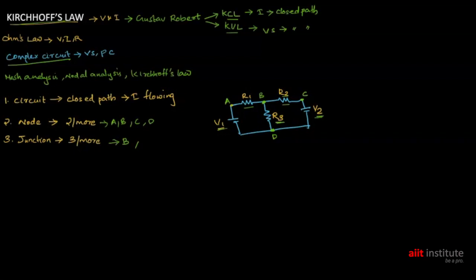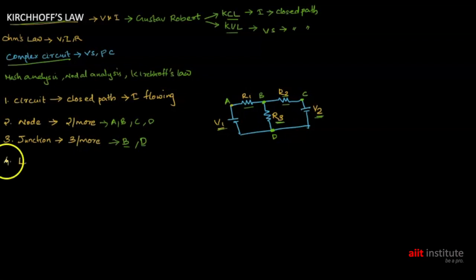Similarly, at D, R3, V1 and V2 are meeting at this point. So three elements are connecting at this point, and D is also a junction. So we can say every junction is a node, but every node is not a junction.